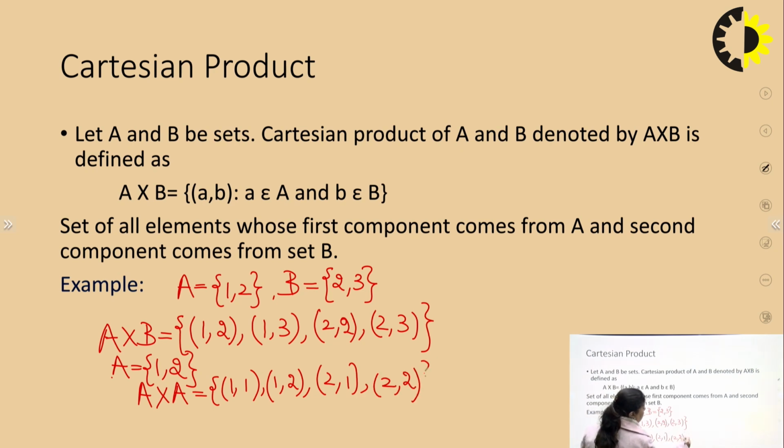Again we have listed down all the elements such that the first component is from set A and the second component is also from set A, and we have listed down all such pairs. So this is my Cartesian product for A cross A.